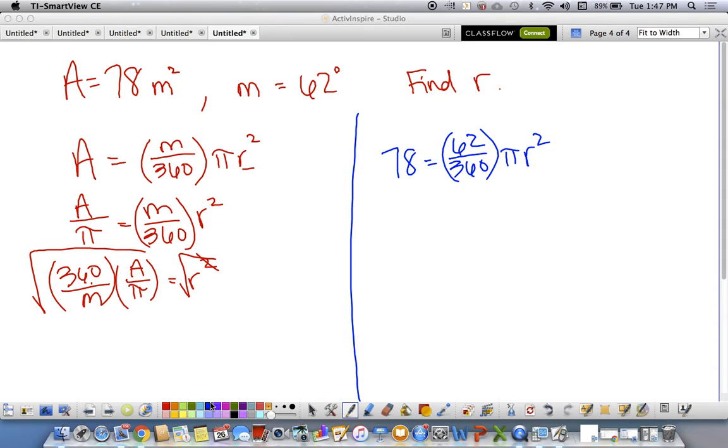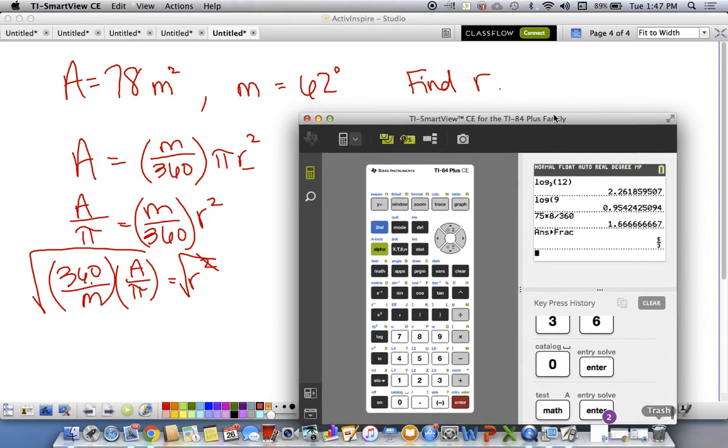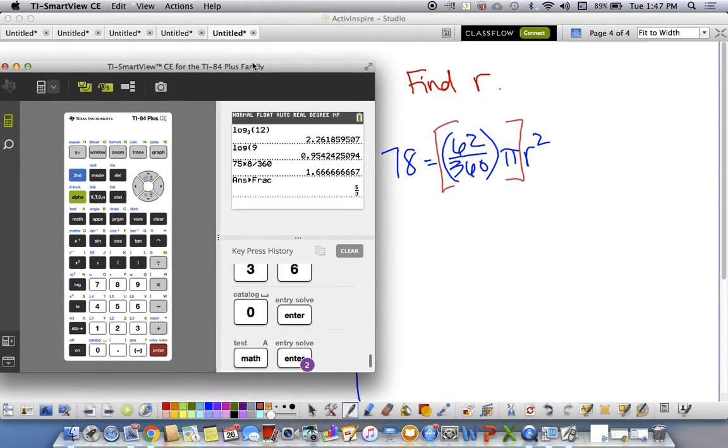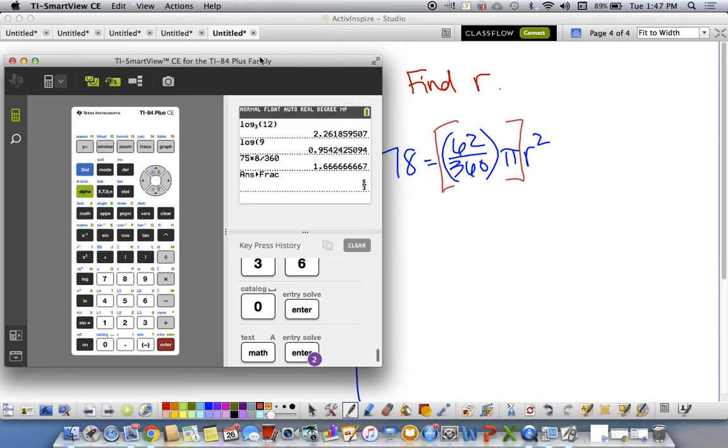All right, so over here, maybe if I'm doing this, I'm going to get a decimal for all of that. Okay? So here we go. I'm going to pull up my calculator again. Put it over here. And I'm going to get 62 pi divided by 360. And I'm going to get a decimal, 0.5410.